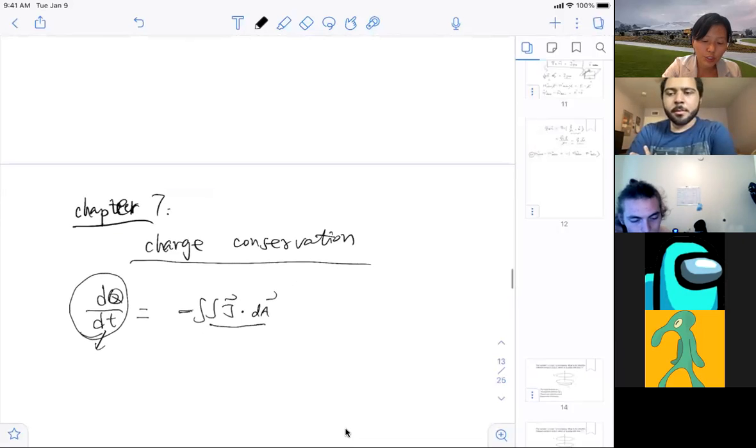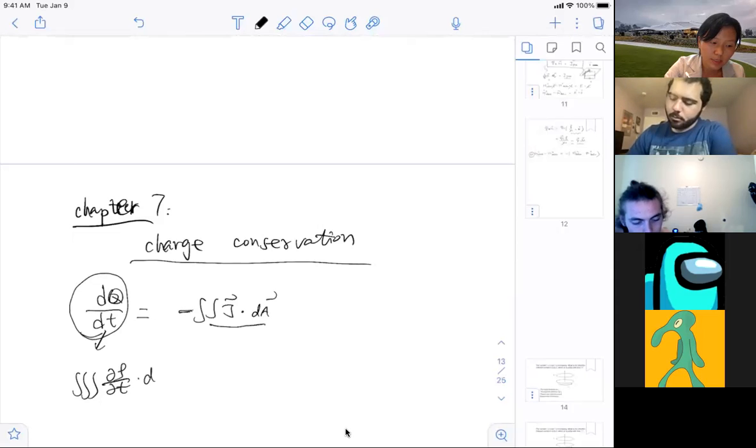But charge conservation is rewritten in a slightly different format because we want to write this using the density rho. So Q becomes the integral of rho d tau. So dq becomes d rho dt times d tau, which is equal to the total current flowing out of the surface, so that's equal to negative integral of j dA.